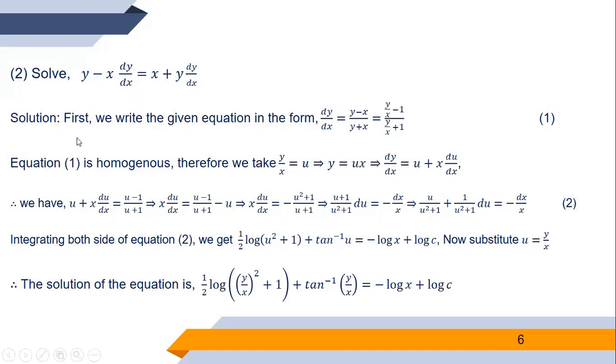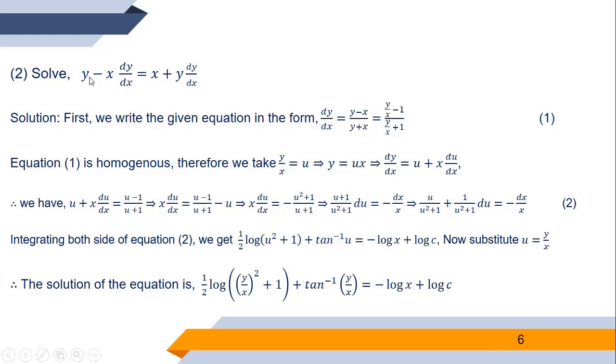The solution: first we write the given equation in the form dy/dx = (y minus x) upon (y plus x), because here we move the x term to the right.